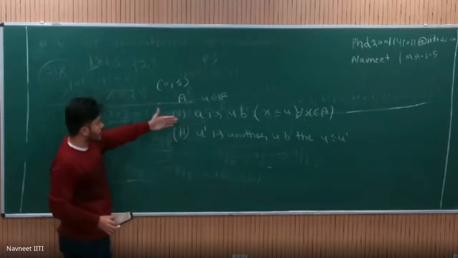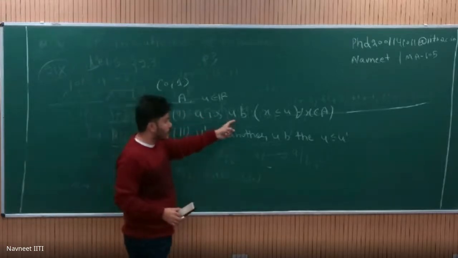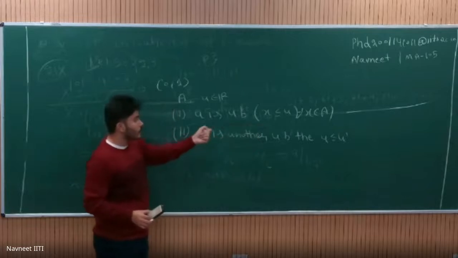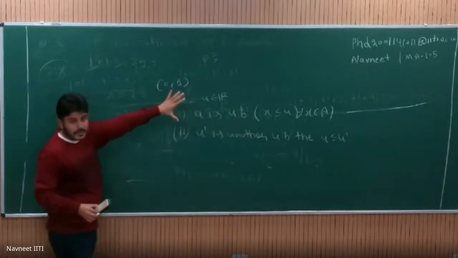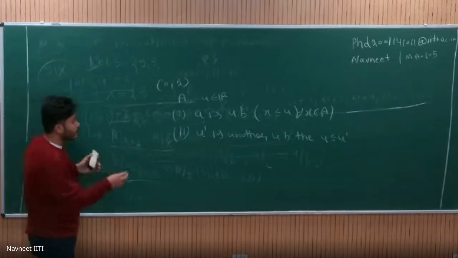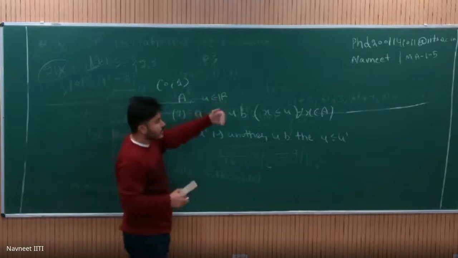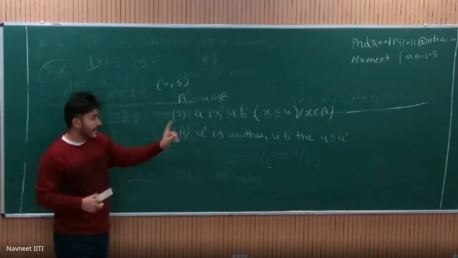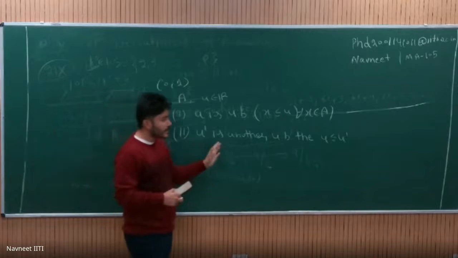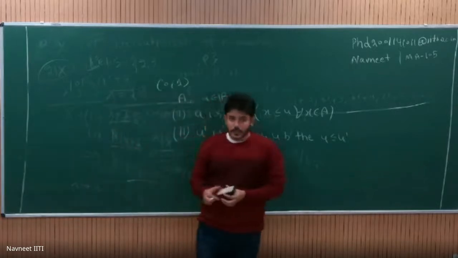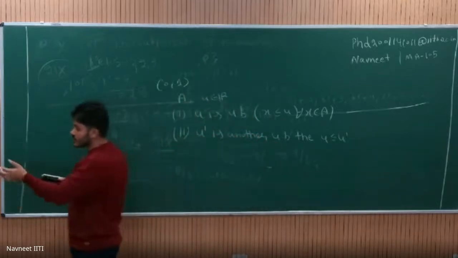It should be an upper bound and it is lesser than all the other upper bounds. Is it clear or not? Yes, sir. And the same for greatest lower bound. First thing is it should be a lower bound, and the second thing is it should be greater than all the other lower bounds.